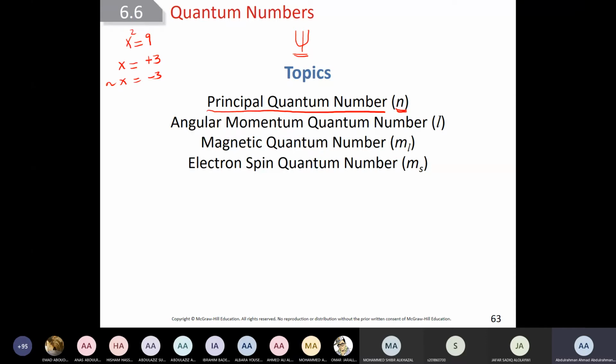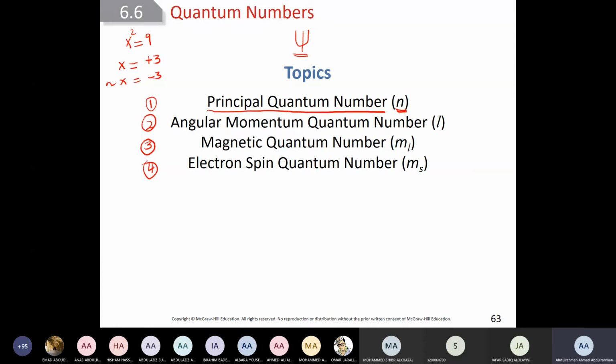Principal quantum number. You must memorize the name and the letter. We have 4 quantum numbers. I want you to memorize them extremely well. The first one, which we talked about a lot, is called the principal quantum number.